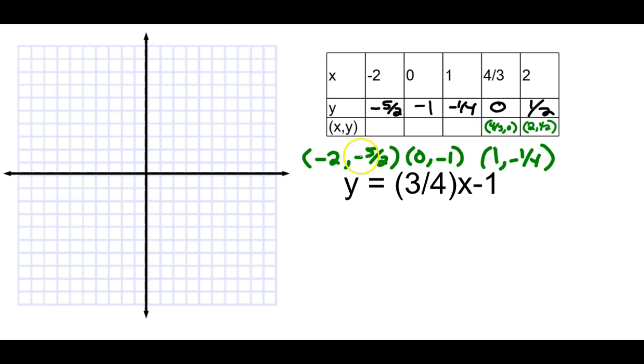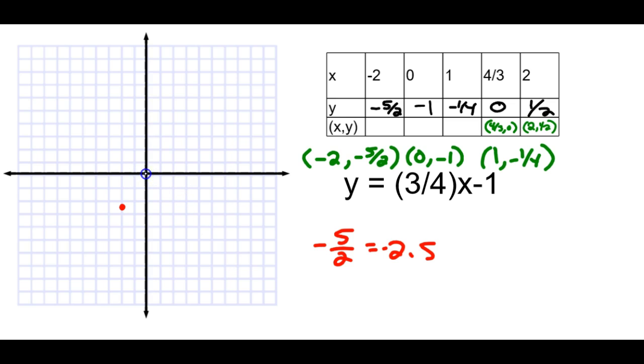So plotting our points, we have negative 2, negative 5/2. Think about what 5/2 is. 5/2 is the same thing as 2.5. So if it's negative, it's going to be like negative 2.5. So we're going over 2 and then down 2.5.